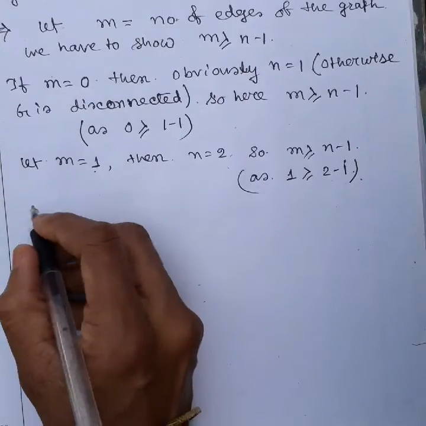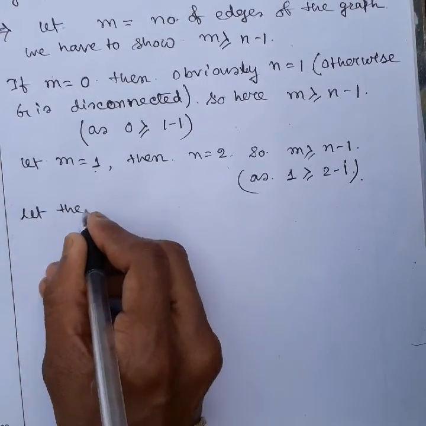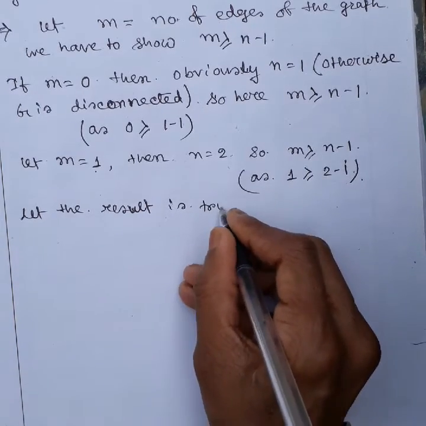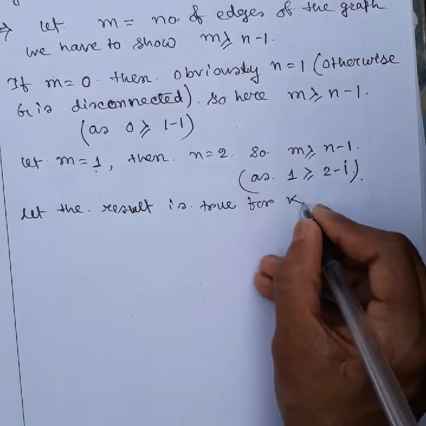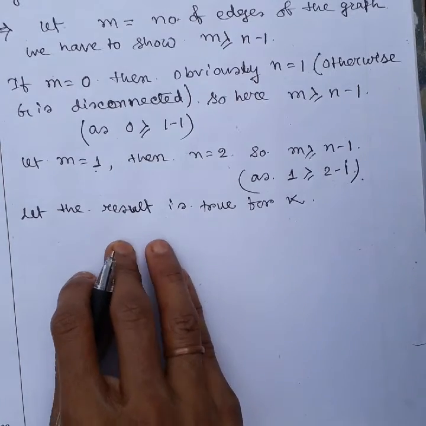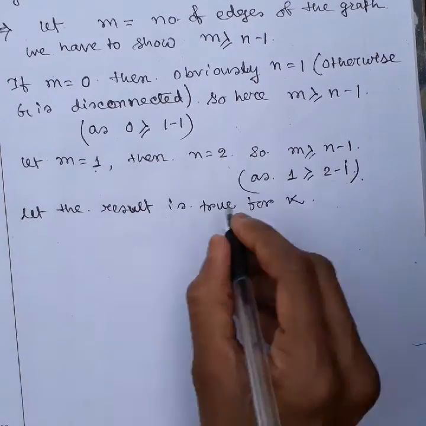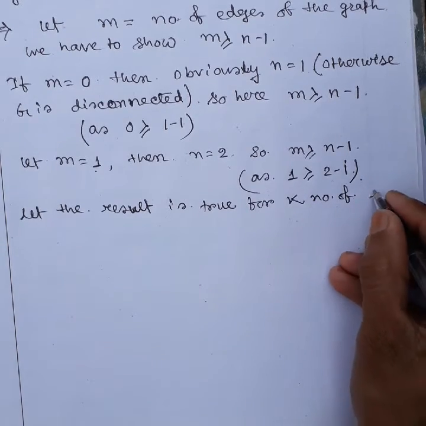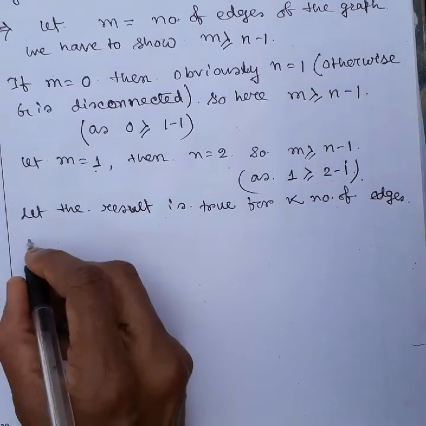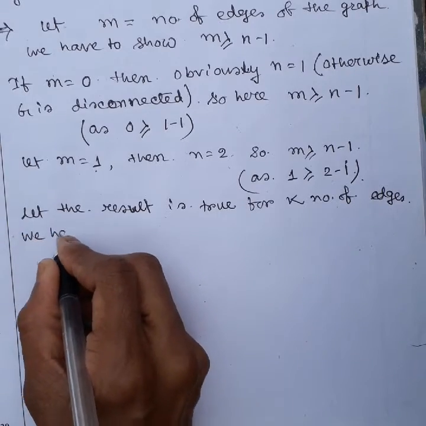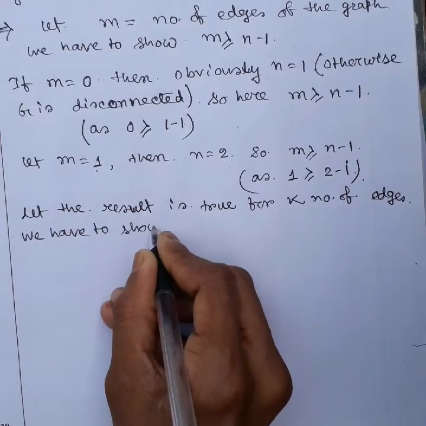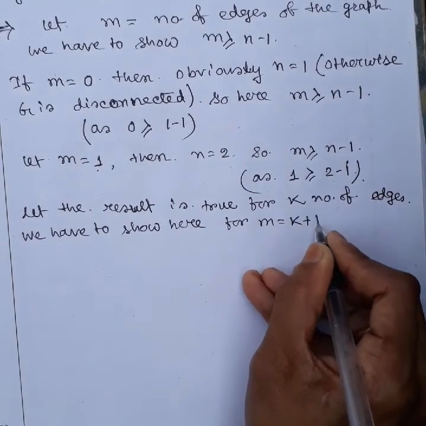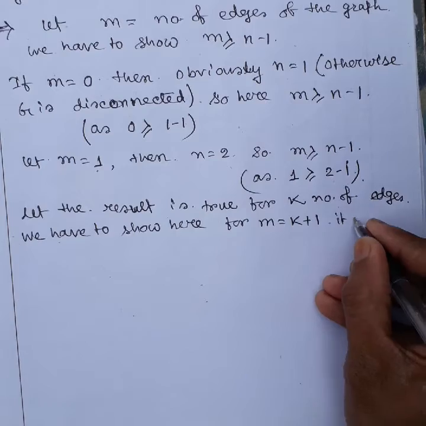Okay, so let the result be true for k, for k number of edges. Then we have to show here that for m equal to k plus 1, it is true.